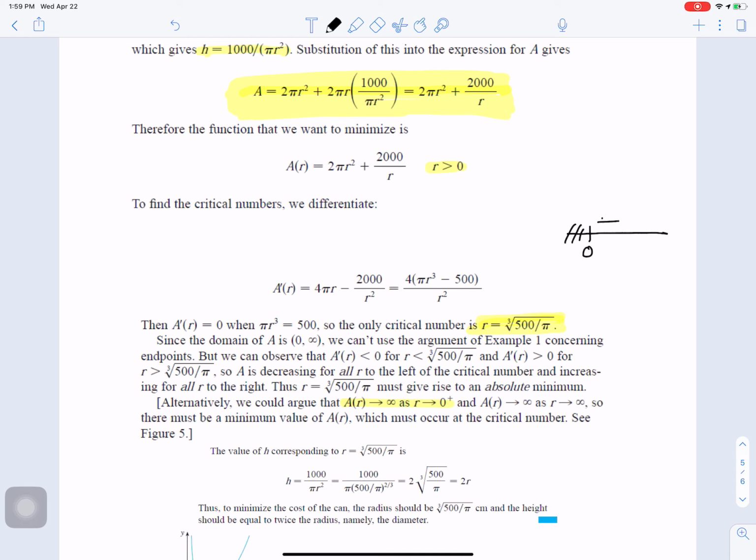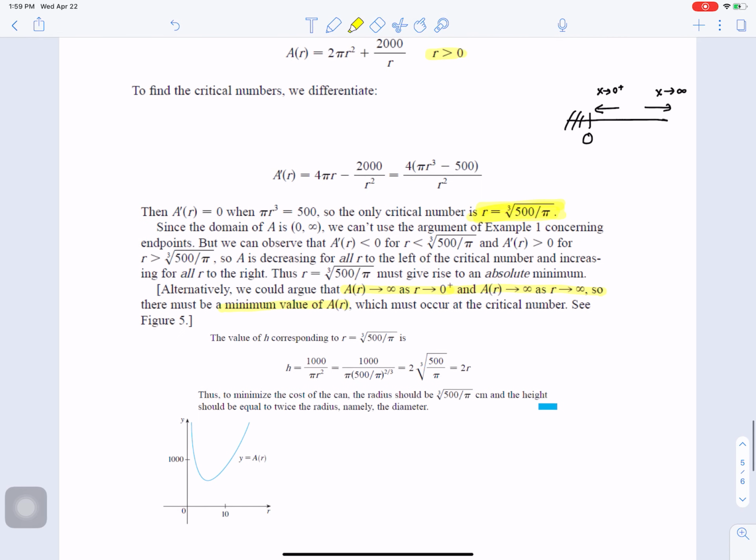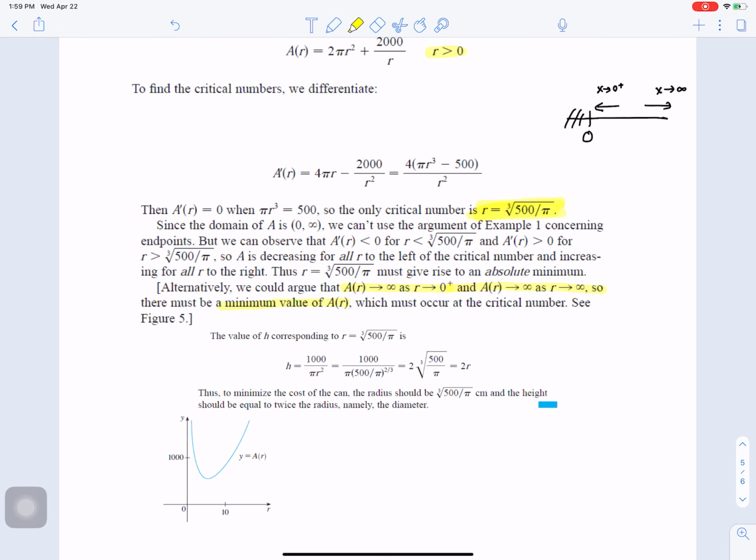So I could do 0 from the right, and then as r approaches infinity, and we'll find out that both of these limits end up going to infinity, so that the local minimum that we got with this r value ends up being the only critical point. There's no other things in there, and it ends up being my absolute min.